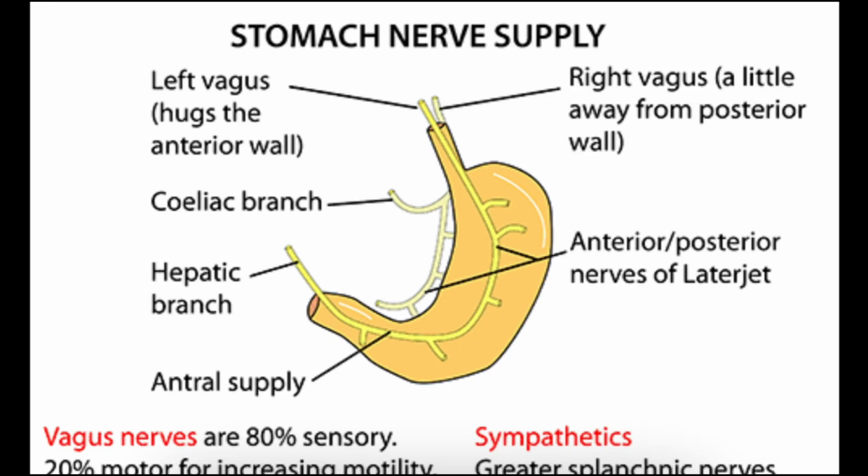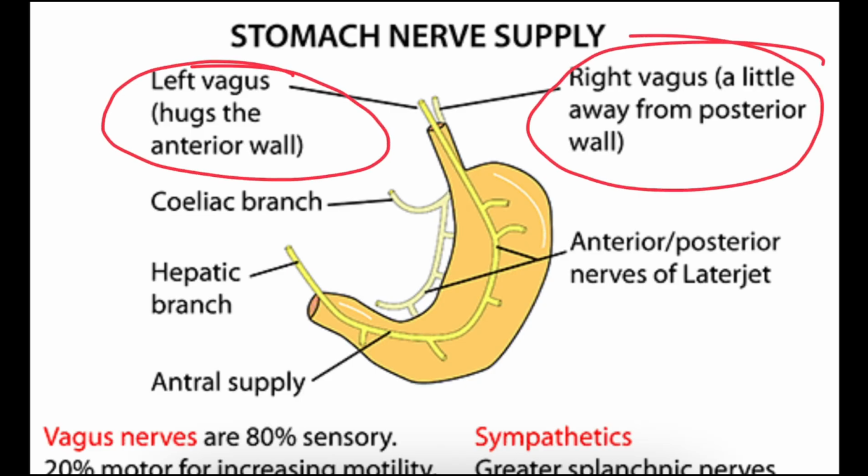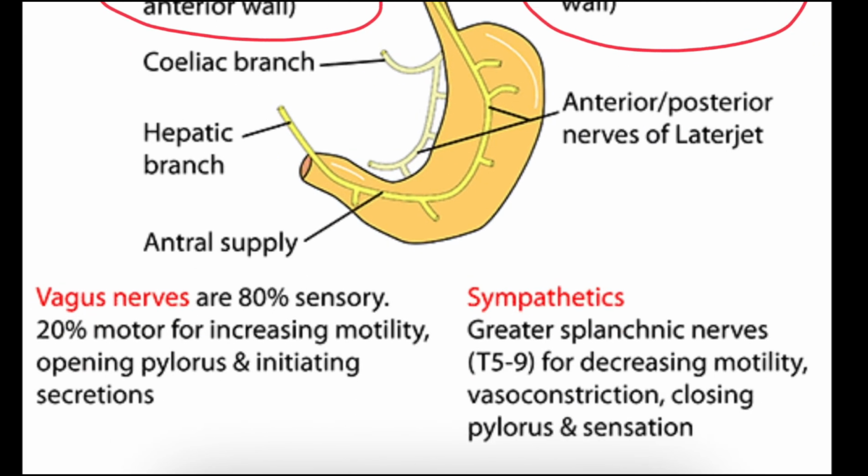The nervous system we can divide into two parts, sympathetic and parasympathetic. In the parasympathetic, the first nerve is the vagus nerve. This vagus nerve is very important because it increases acid secretion. Next, sympathetic.